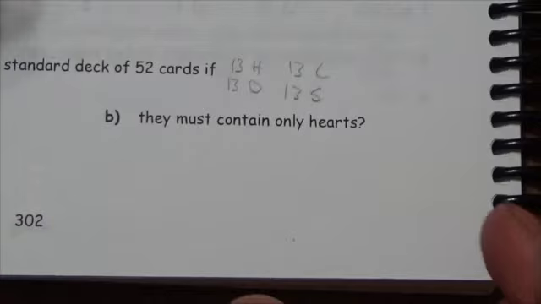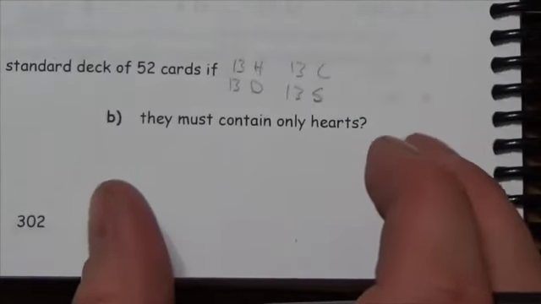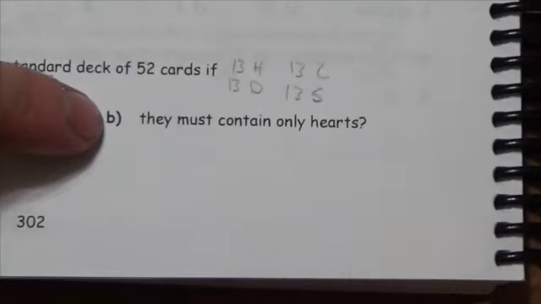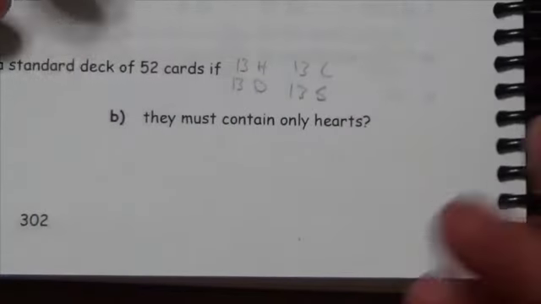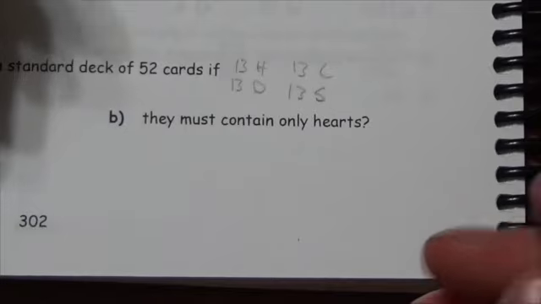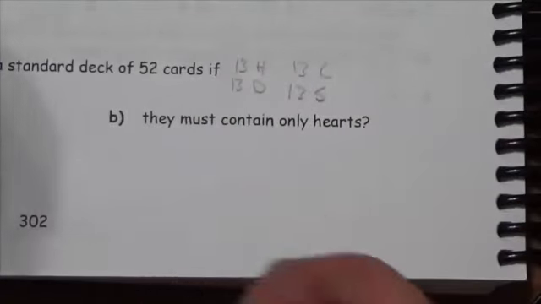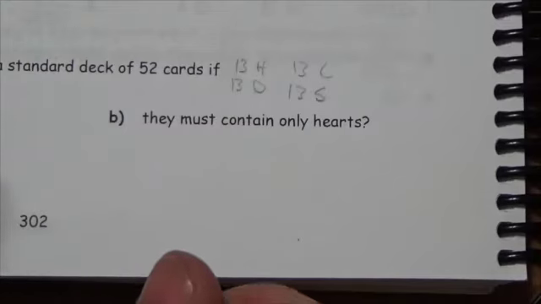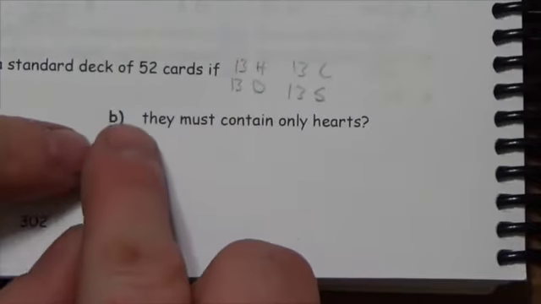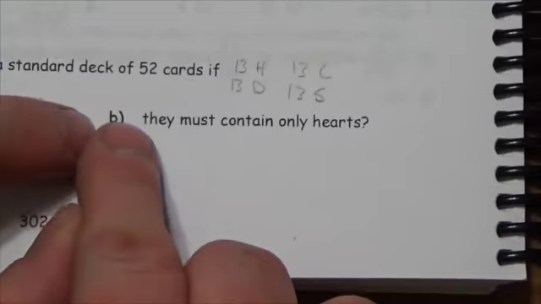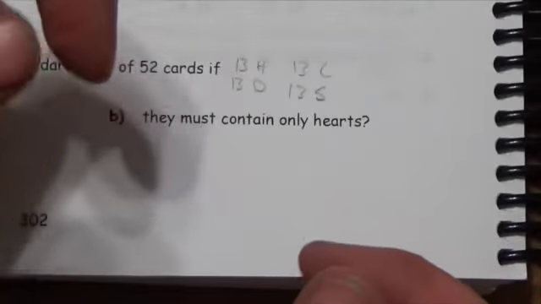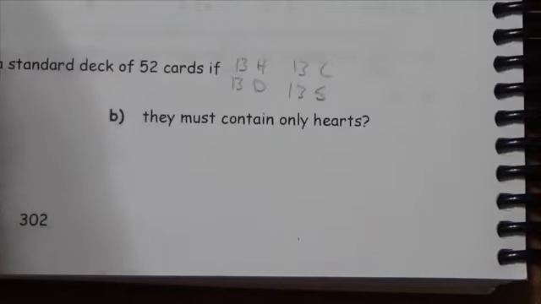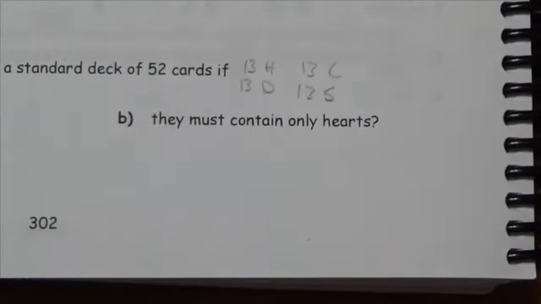Now, the way you want to think about problems like this, particularly when we're throwing a restriction on here, is you want to think about it as if you're playing cards with a friend, and maybe as if you're cheating, right? As in you're going to deal your partner a specific set of cards, a specific hand. So now the question is, if you're going to deal to your partner a hand that contains only hearts, what decision do you have to make?